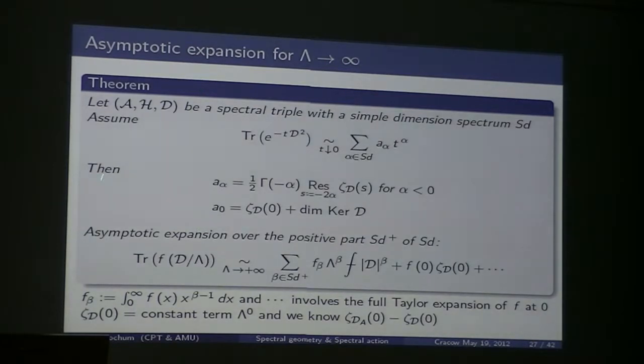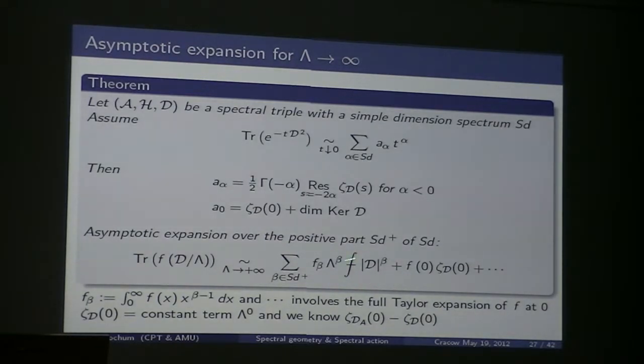If you admit this, then the asymptotic expansion on the positive part of this, eventually a complex set of numbers, behaves like that, namely something which depends on lambda to the power beta, and beta is a positive number here. We'll see what happens in the commutative case later on.